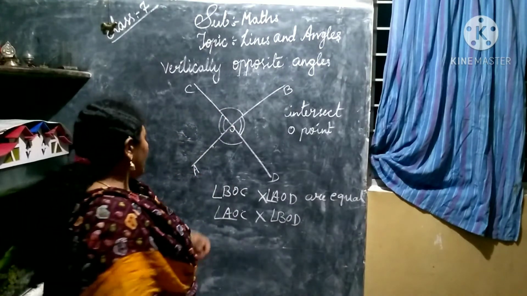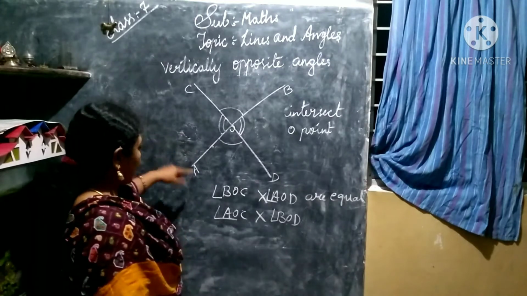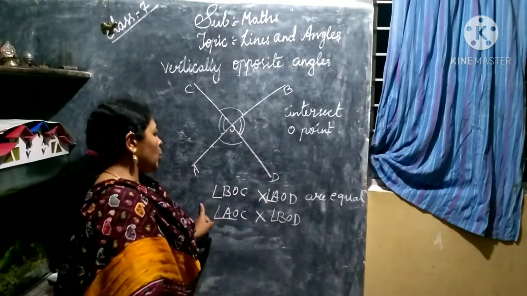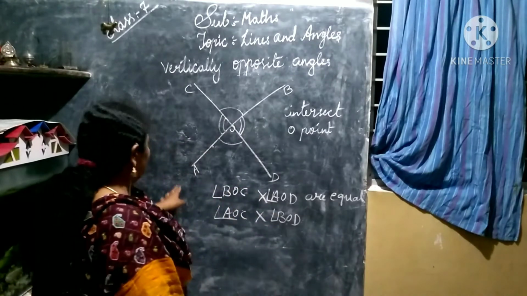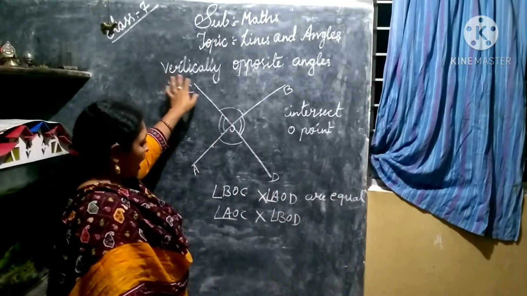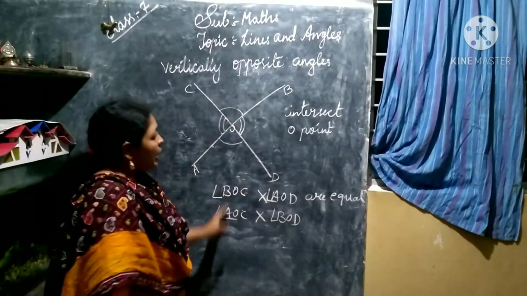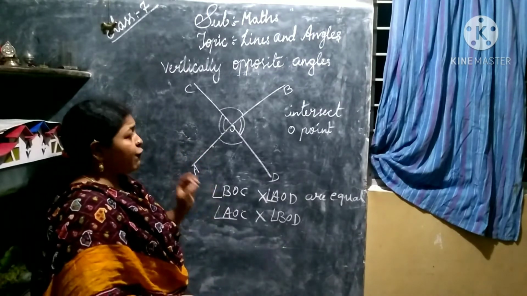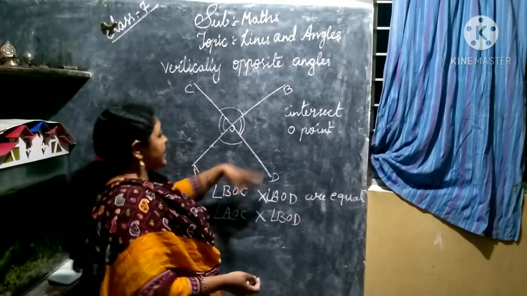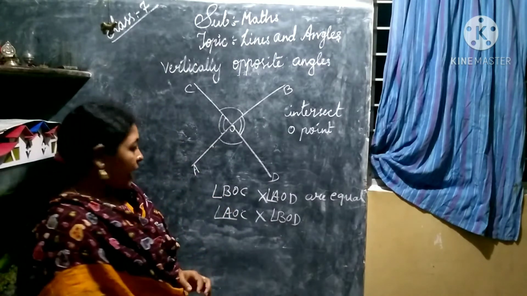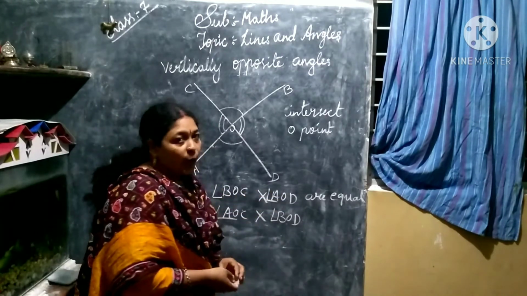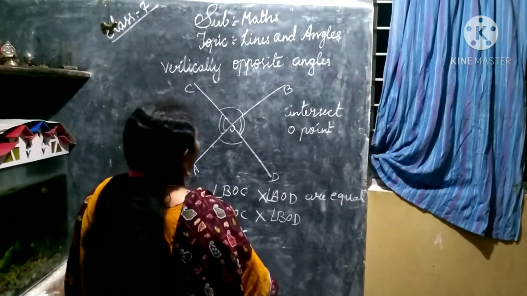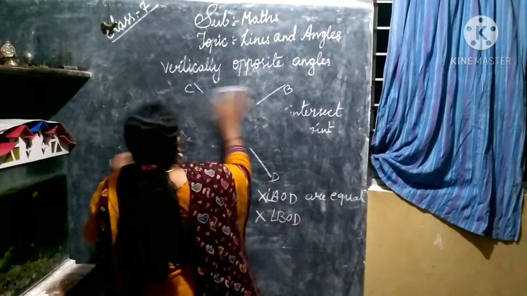Is it clear? Let me explain once again: angle BOC and angle AOD are vertically opposite angles, similarly angle AOC and angle BOD. They are formed when two lines intersect each other, and they are always equal. Is it clear?